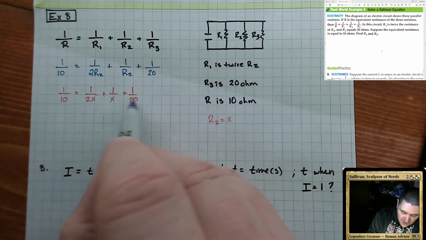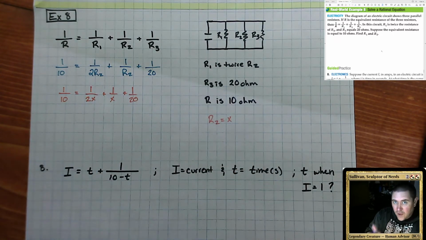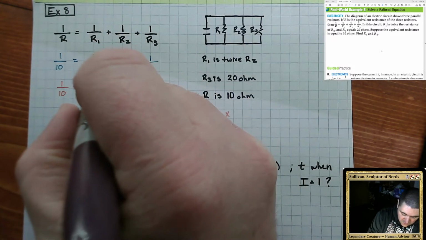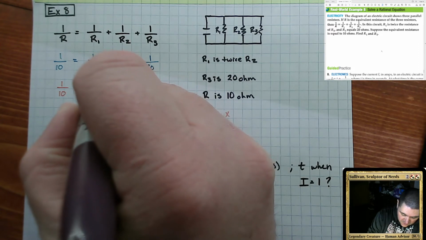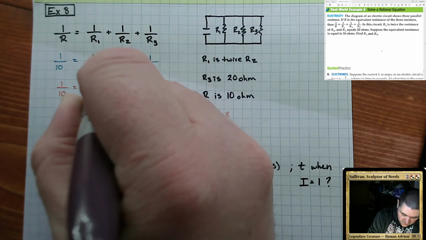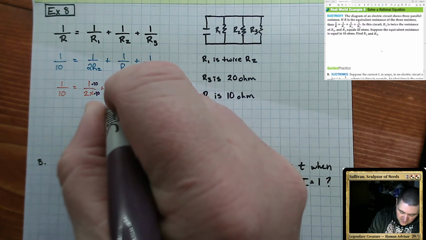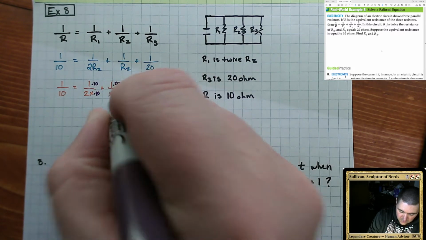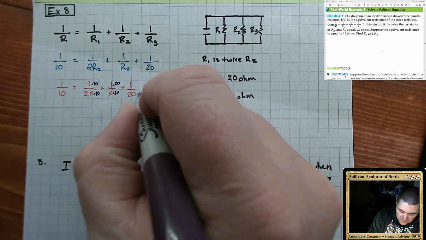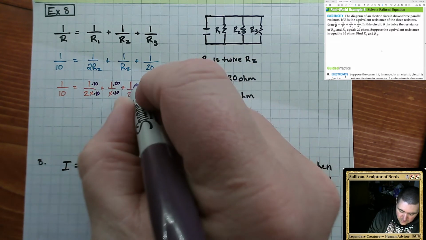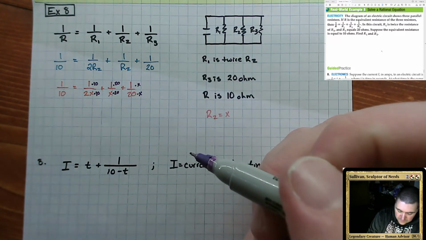So the least common multiple between 2x, x, and 20 is going to be 20x. So this guy is missing a 10. Now 20x. This guy is missing a 20. Now 20x. This guy is missing an x. Now a 20x.